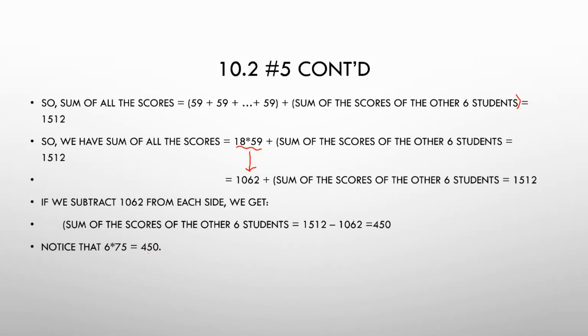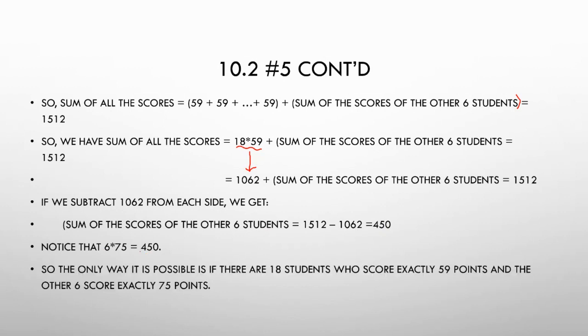And remember, for this test, you were only able to get 75 points. So the only way that this is possible is if the 18 students scored exactly 59 points and the other 6 students scored exactly 75 points.